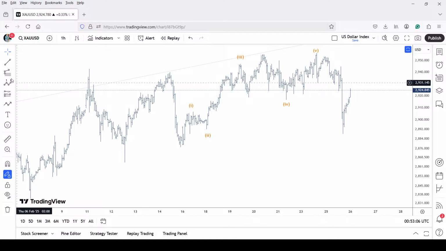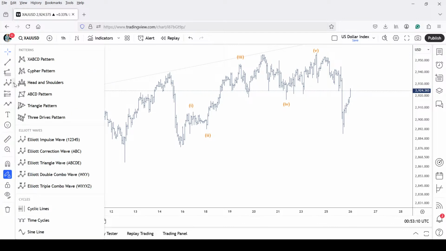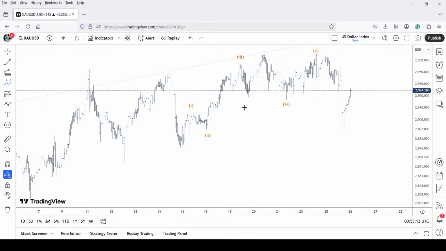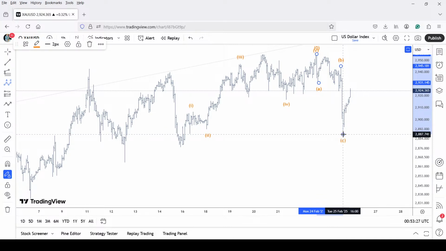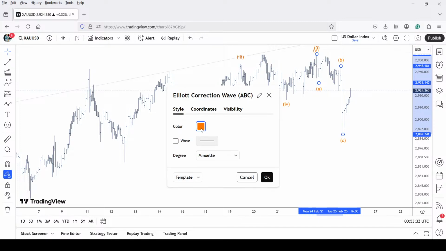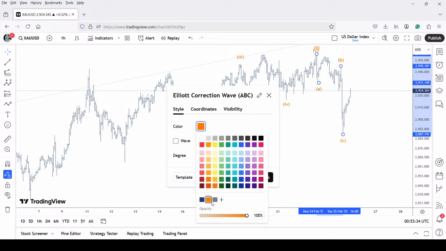Before that, I'm going to plot an ABC here. The first draw and the second wave B. You know what? This could be a sub-minute degree, so I'm going to change it to sub-minute.